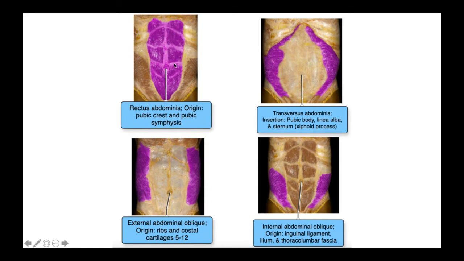When we look at the rectus abdominis, these fibers run vertical. When we look at the external oblique, these fibers run on a diagonal, as if your hands were going in your pockets, the same direction as your forearm would go. Those are the external. And then the internal obliques run perpendicular to what the externals were.